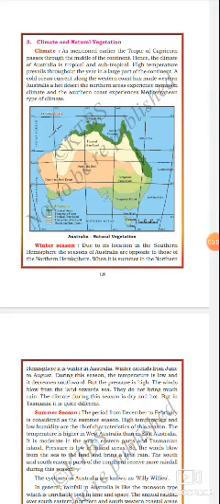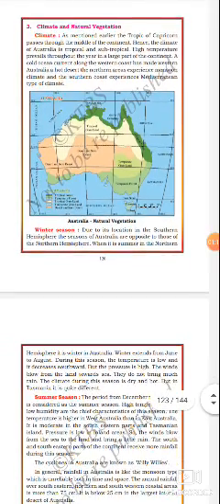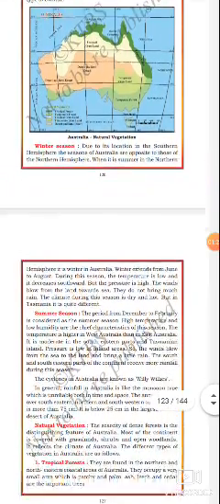High temperature prevails throughout the year in a large part of the continent. A cold ocean current along the western coast has made Western Australia a hot desert, the northern areas experience monsoon climate, and the southern coast experiences Mediterranean type of climate.